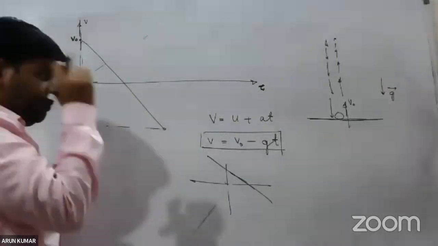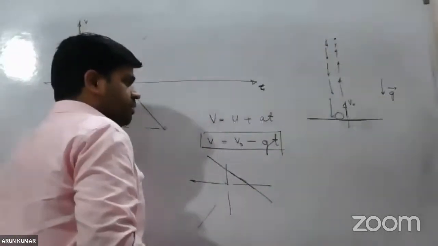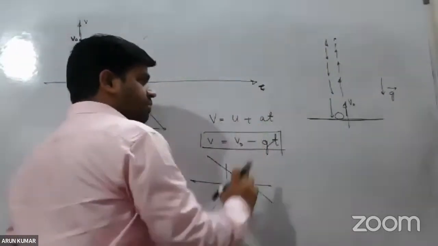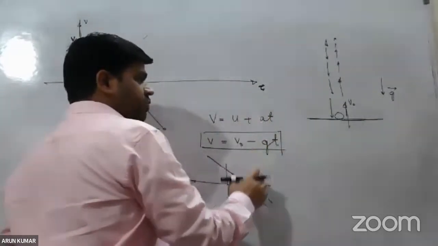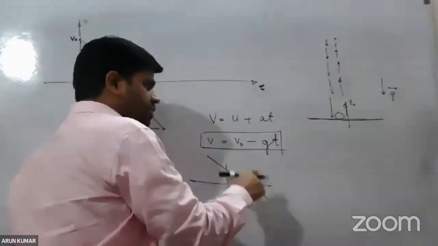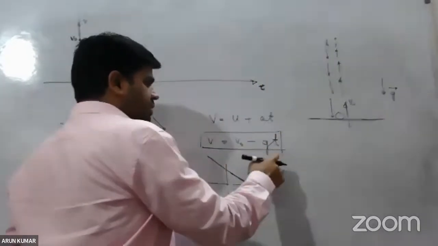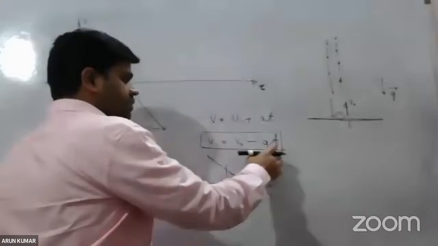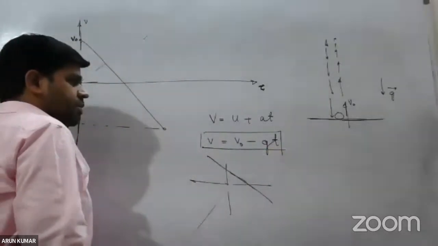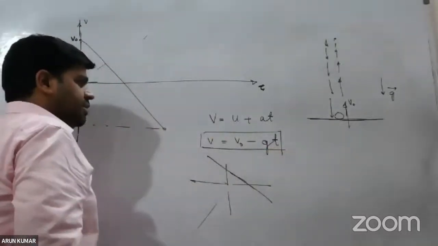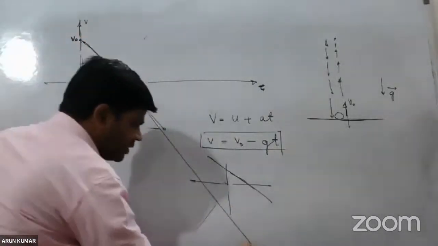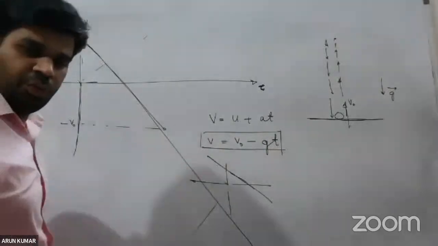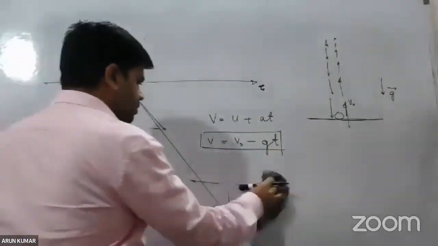All I did was write v is equal to u plus at. u is v naught because it's projected upward and upward is taken as positive, and acceleration is minus g, because it's actually happening backwards, so it's negative g. So v naught minus gt is now velocity as a function of time. Now this I have to plot, but not as a continuous straight line.